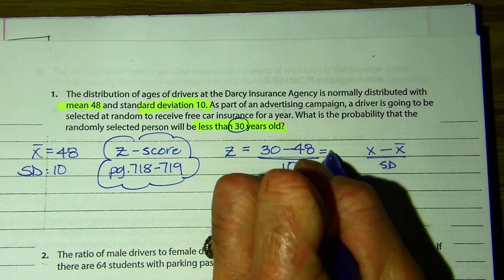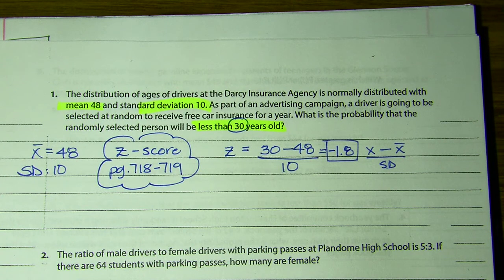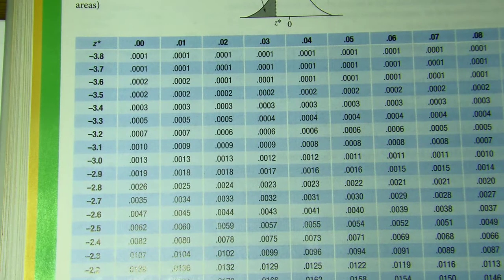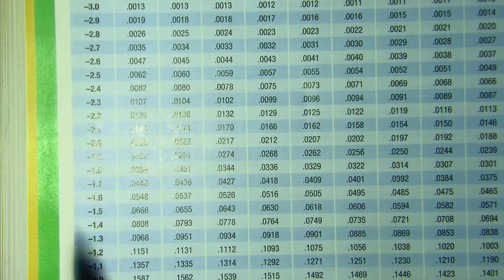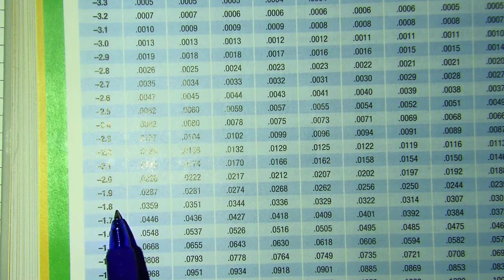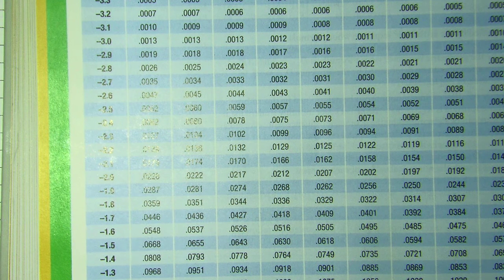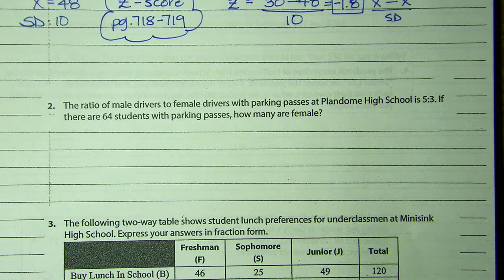I get negative 1.8. So going to page 718, I'm going to find negative 1.8. And there's the glare, I apologize. So here's negative 1.8. There's nothing after my decimal, so I'm going to record this bottom number, 0.0359.